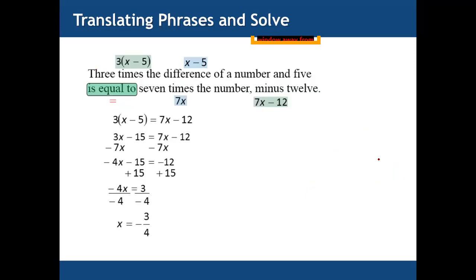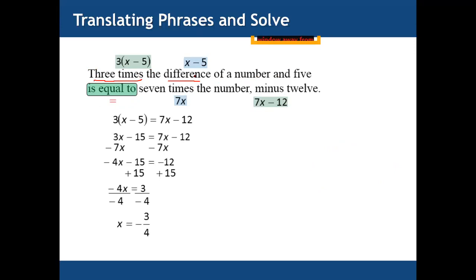Next, we have this phrase, 3 times the difference of a number and 5. When we have "times," this means multiplication. Difference, you know that difference we use for subtraction, minus.